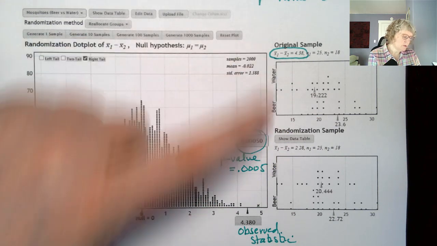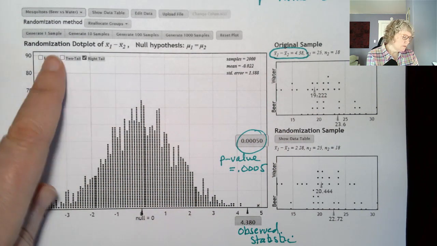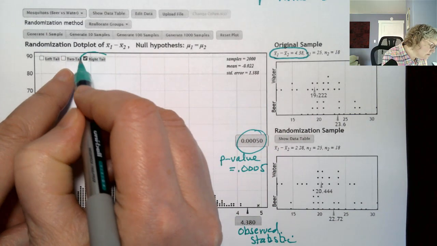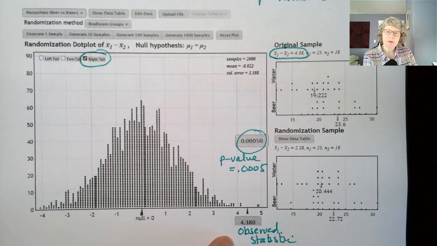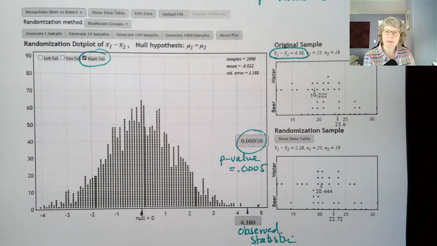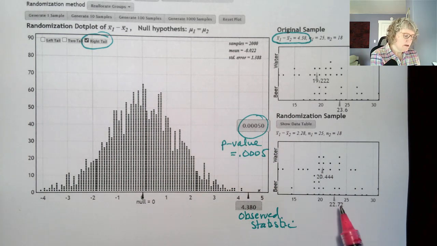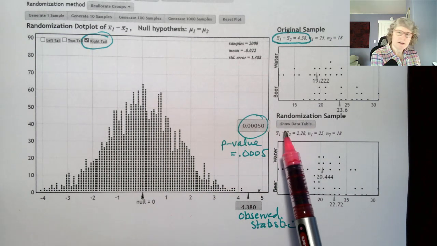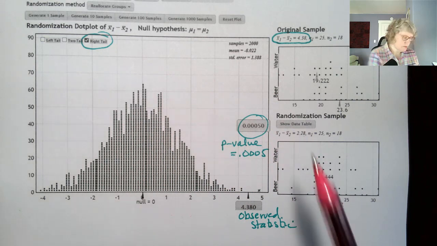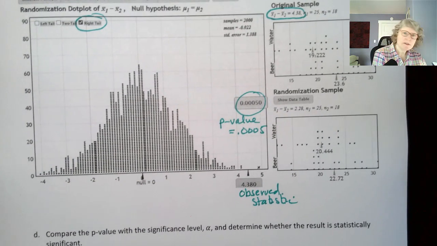So we put the original sample into the app, when we click on right tail, and then we put the observed statistic along the x-axis or horizontal axis, and then we get out our p-value. Okay. Another interesting thing is if you want to see exactly how each sample went, you can show data table under here and get that as well if you're interested. Okay, hope it's making sense so far.